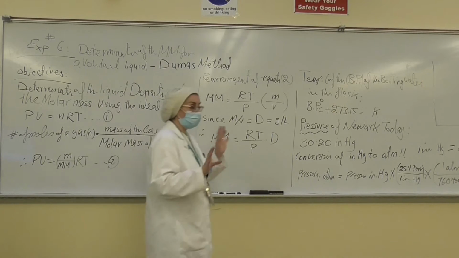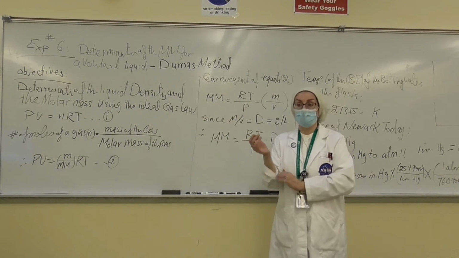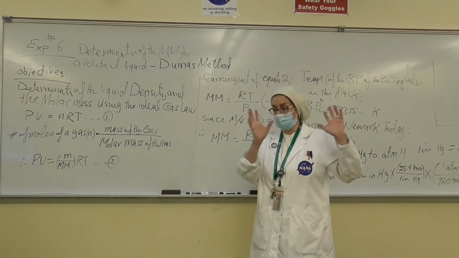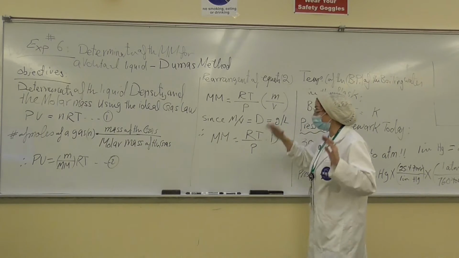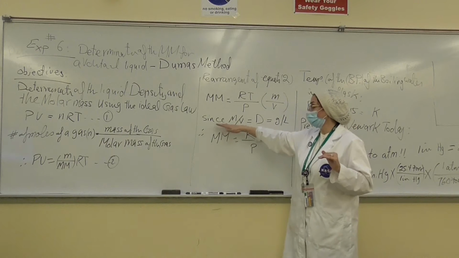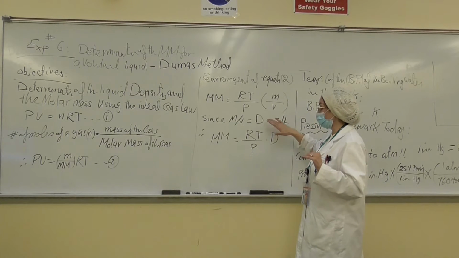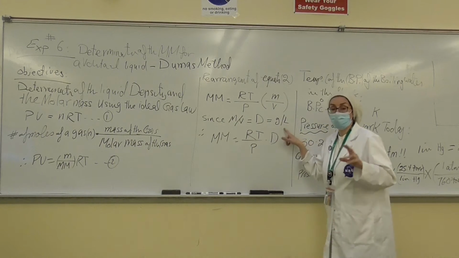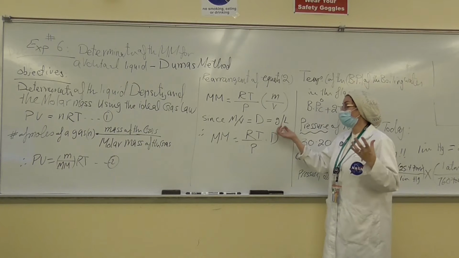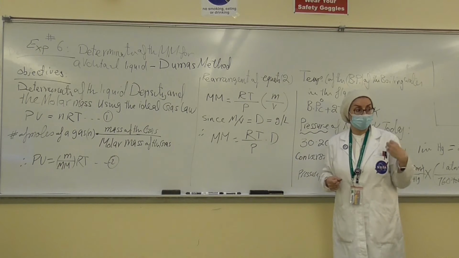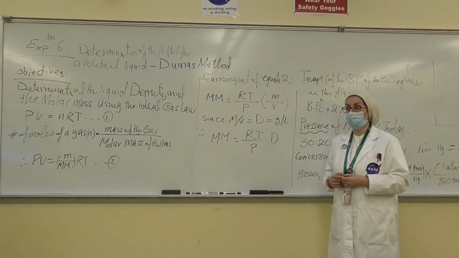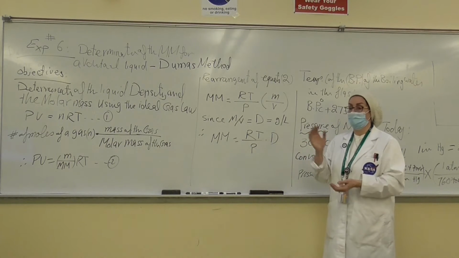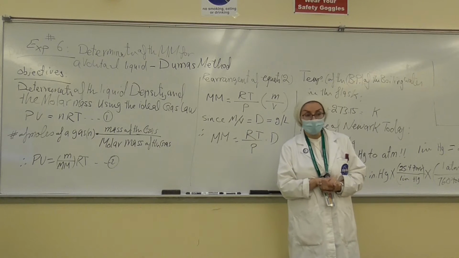I'm going to talk about the experimental procedure in a minute, but at the end of the day, since mass over volume equals density, today you are going to measure the density in grams per liter, not grams per milliliter. Why do you think we have to do it in liters, not in milliliters?